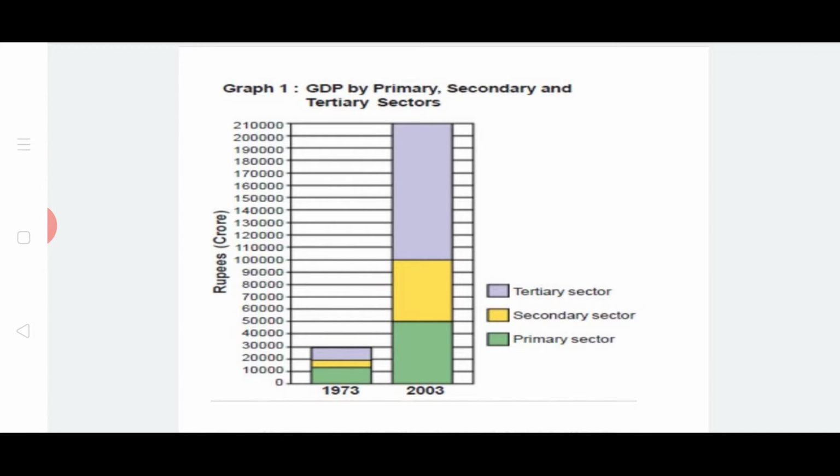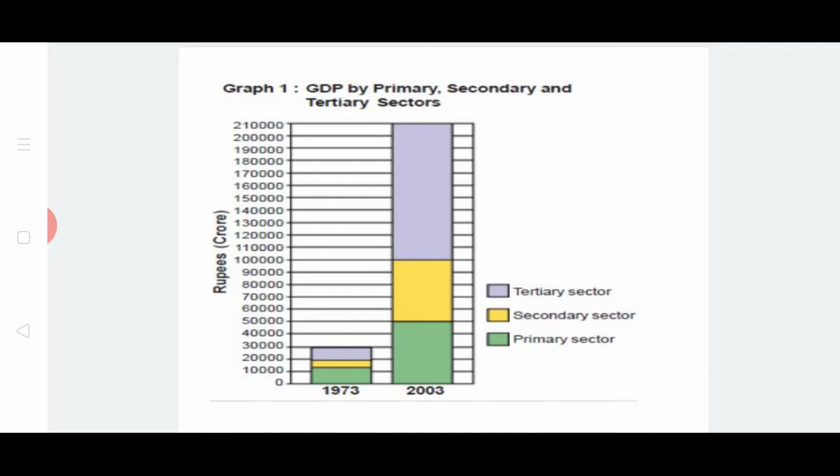In crore rupees, production wise, production has increased from 73 to 2003. Students will see how it has increased. Production in the agriculture sector also increased, in the secondary sector also increased, more, and in the tertiary sector it has increased the largest. So naturally GDP will increase over the years.